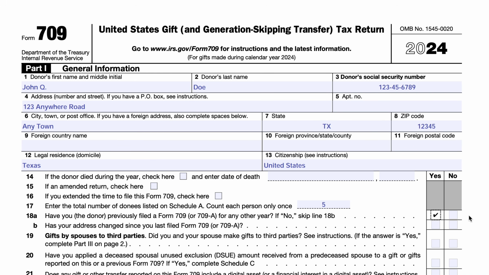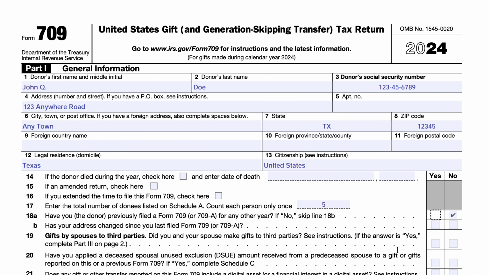If you did say yes, that should indicate to you that you are going to be completing Schedule B. And again, Schedule B is just a running list, so the only change from each return would be entering the information from the immediately preceding tax return. Everything else in Schedule B would pretty much remain the same. So we didn't file previously, so we're going to skip line 18B.